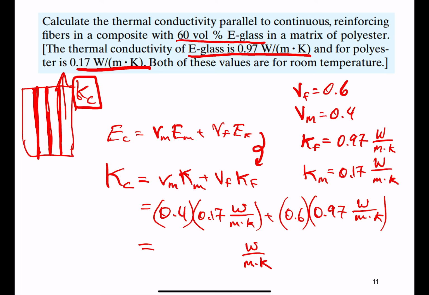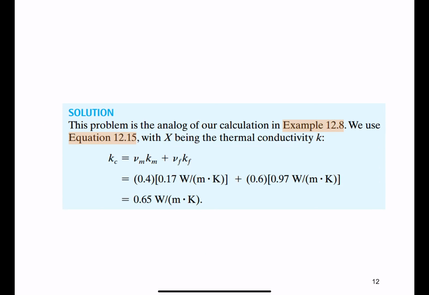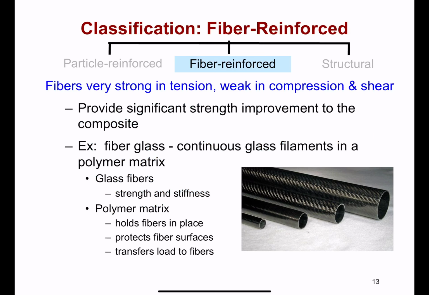And so in this case, you should get a value that's about 0.65 watts per meter K. Okay, so again, a weighted average approach to determining the thermal conductivity value parallel to the length of the fibers in this composite. Very good. And here you see that formalized from your textbook as well.